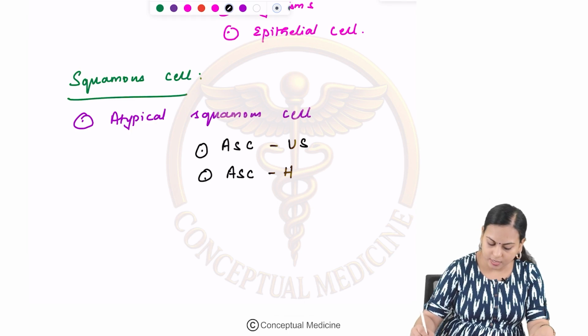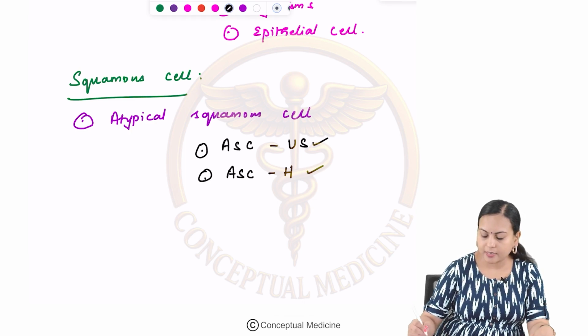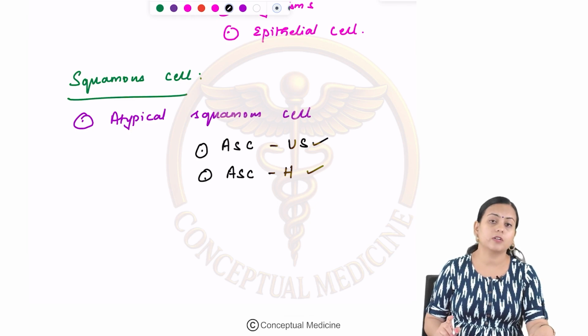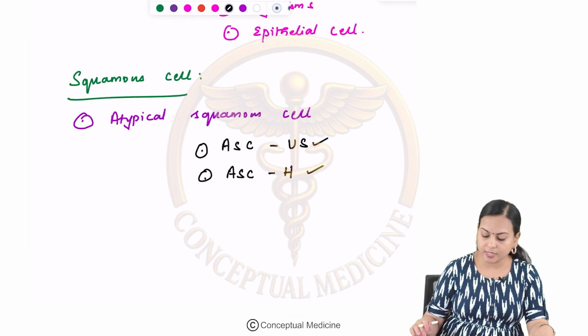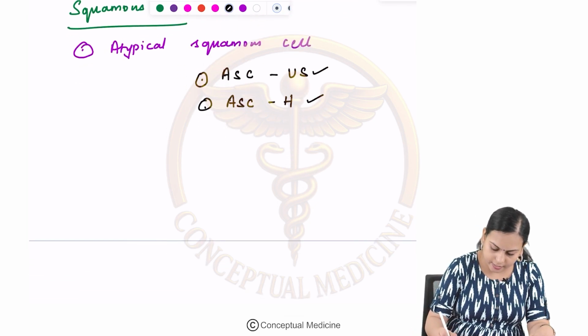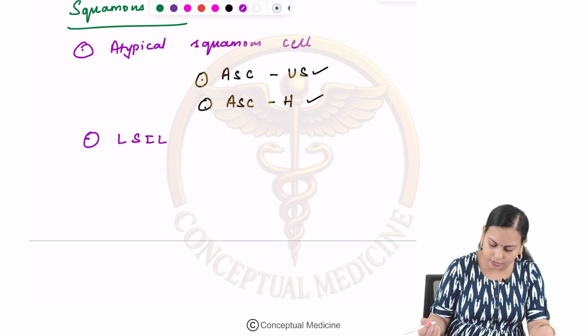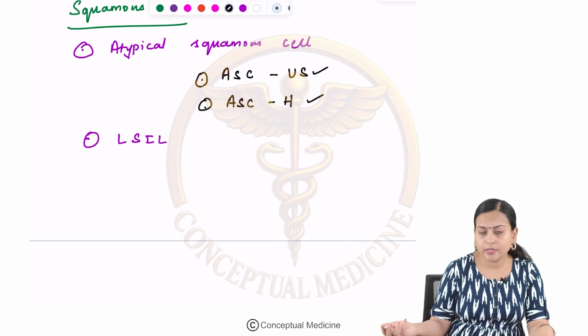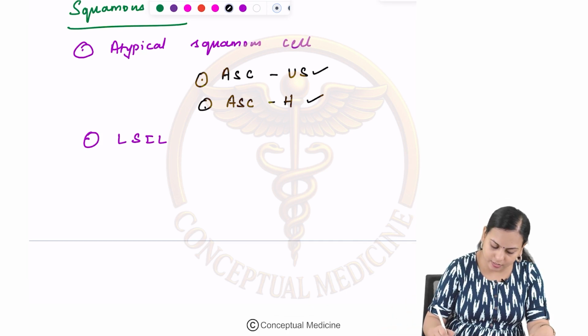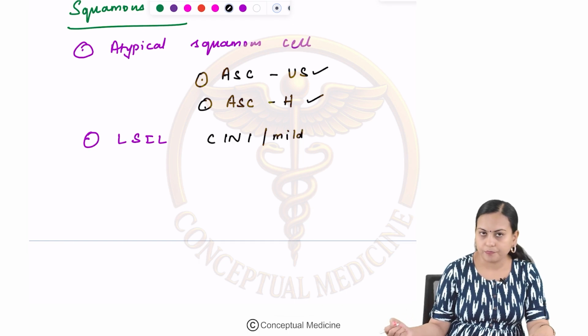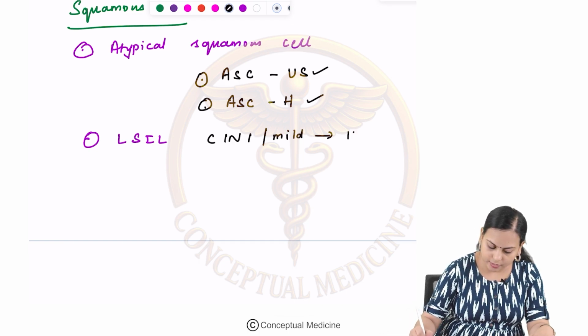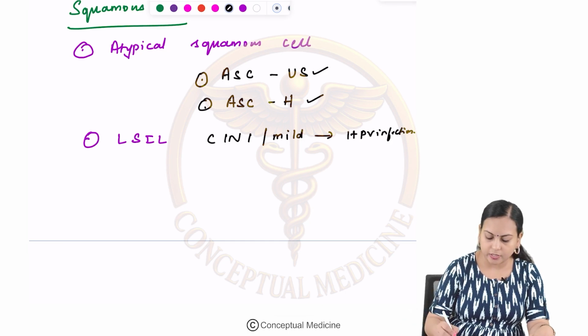Okay, so this means undetermined significance, and this means you cannot rule out HSIL. And the next type is low grade squamous intraepithelial lesion. Already we have seen low grade squamous intraepithelial lesion comes under CIN 1, that means mild dysplasia, right? And this is mostly due to HPV infection. So, that also will be mentioned.